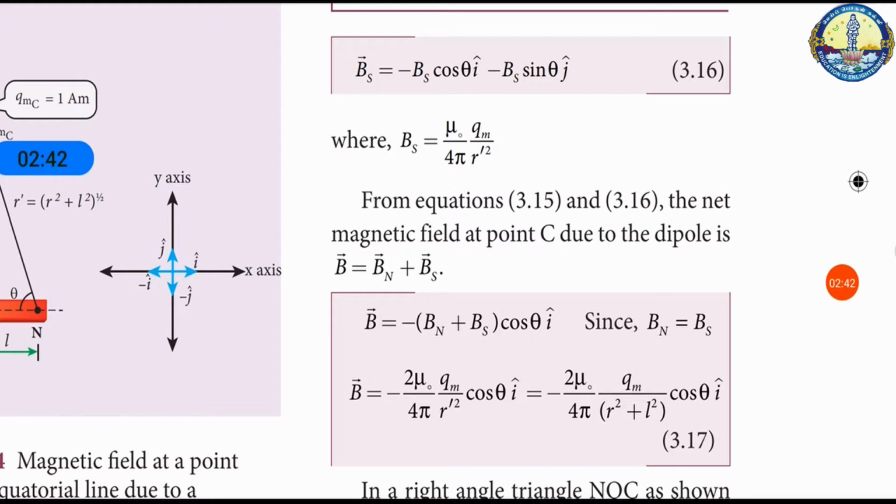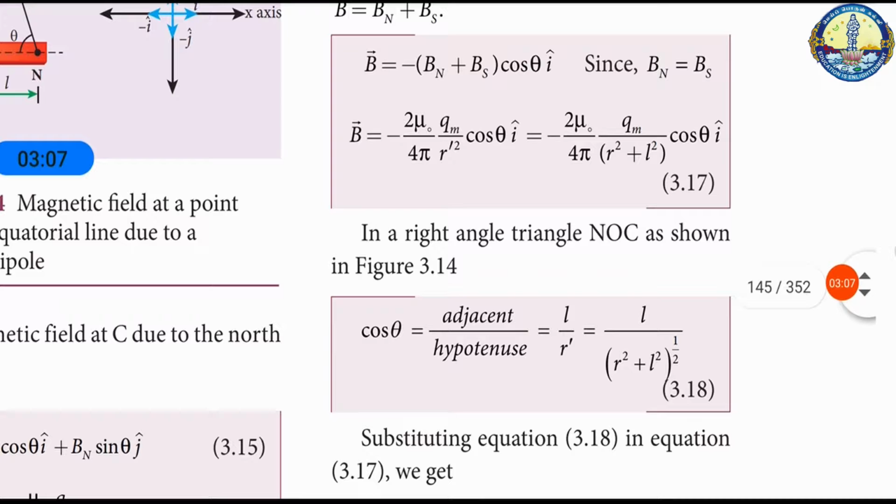We know the values of Bn and Bs are equal. So we can write B bar is equal to minus (Bn plus Bs) cos theta i. Substituting the values, we get 2 mu naught by 4 pi into Qm divided by (r square plus l square) into cos theta i.